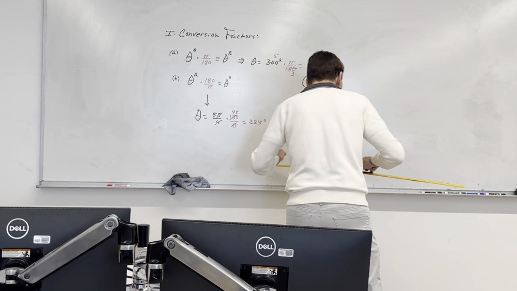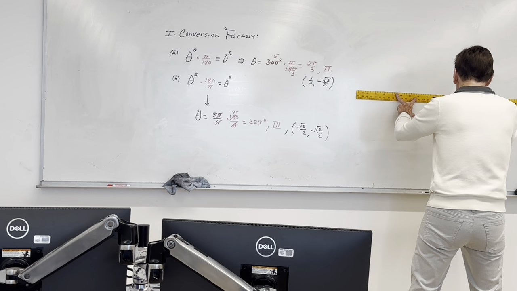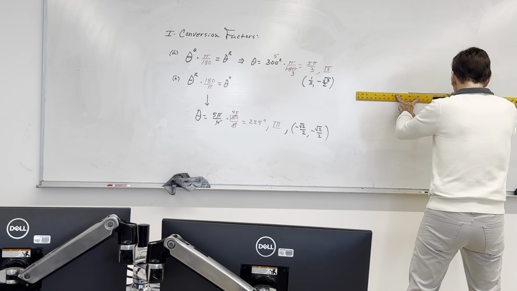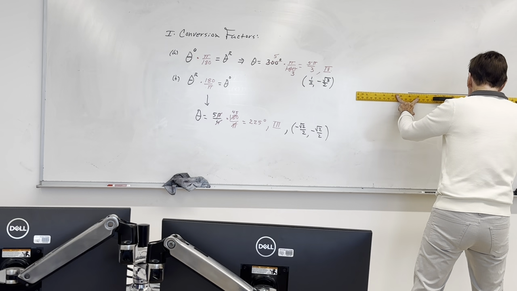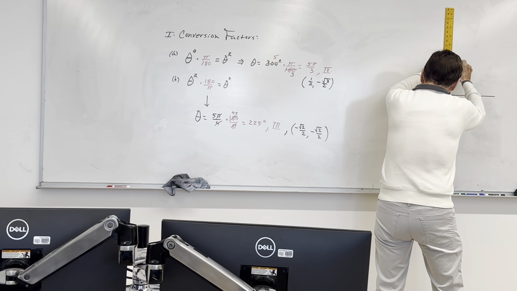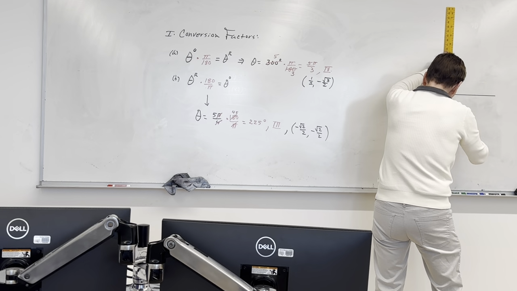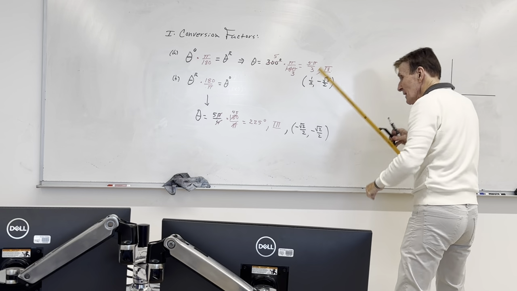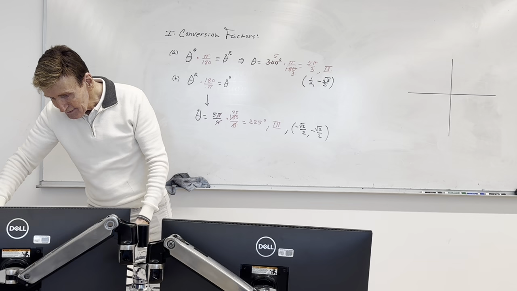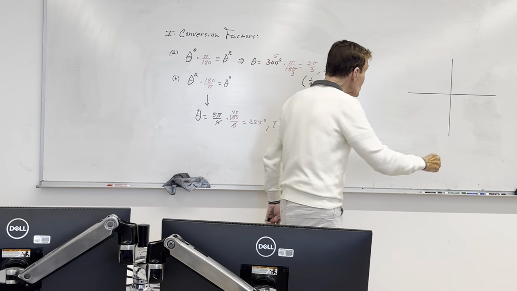On the side here, let me draw, get some numbers for you. Let's draw that unit circle, or a circle, acting as a unit circle. And start marking a few things here. Let me quickly do this.